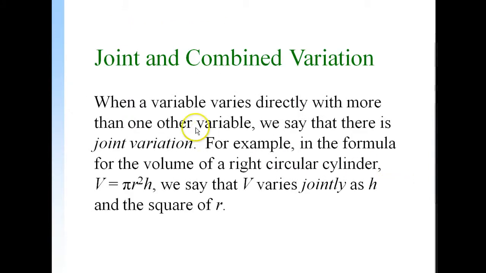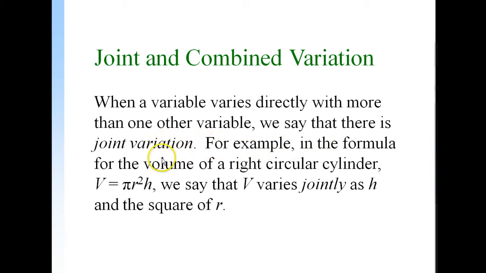Now for joint and combined variations, here are the formulas. It says, when a variable varies directly with more than one other variable, we say that there is joint variation.